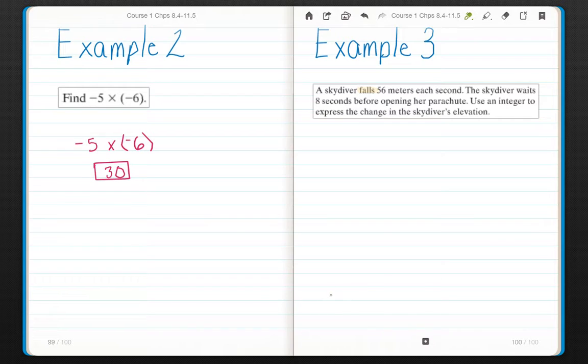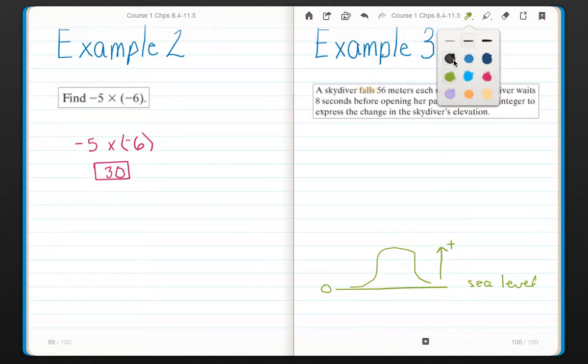That was 0. Anything above sea level, here's my little mountain, was positive when I was moving up. However, this skydiver here, she is taking a tumble.